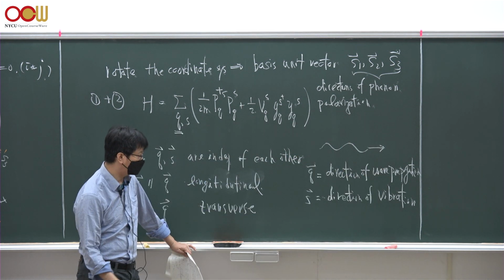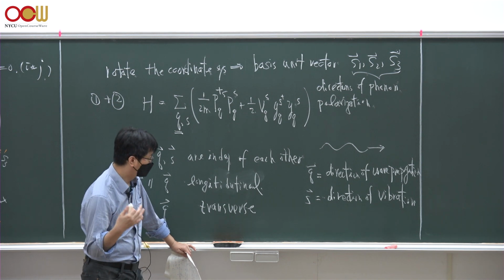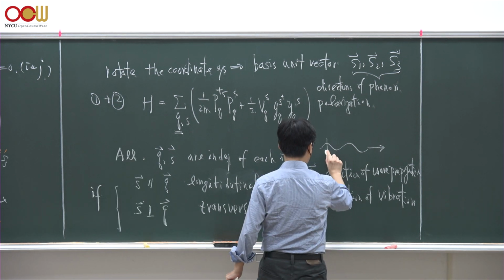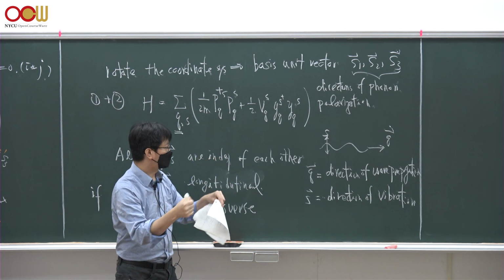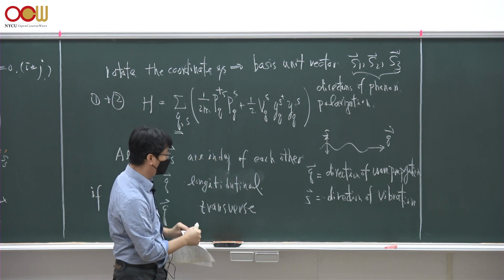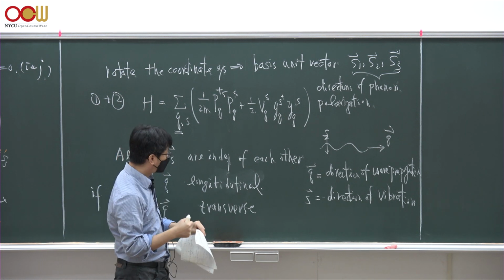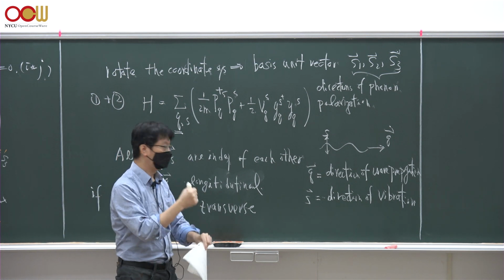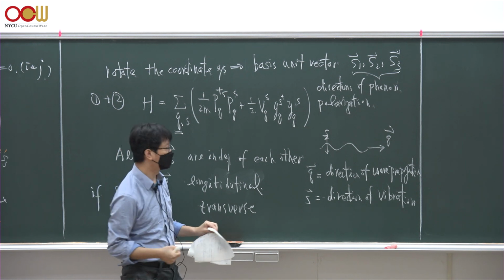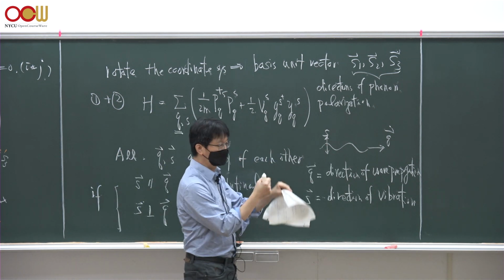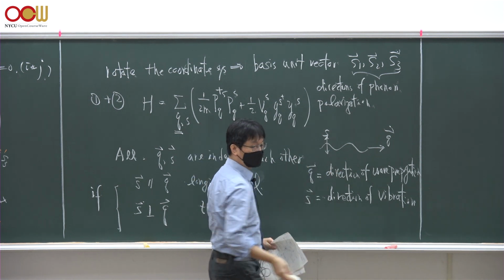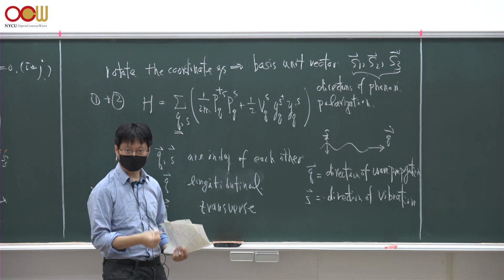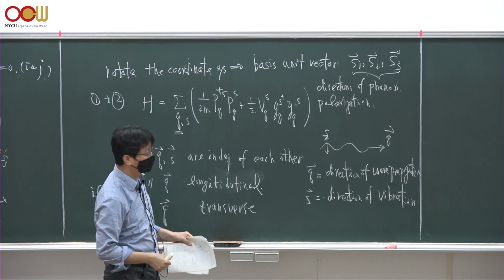However, this s direction represents the direction of vibration. So this lattice vibration can go along with the wave propagation, or can go perpendicular with respect to the wave propagation.